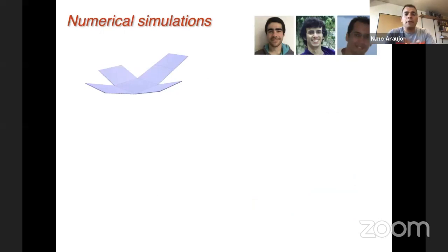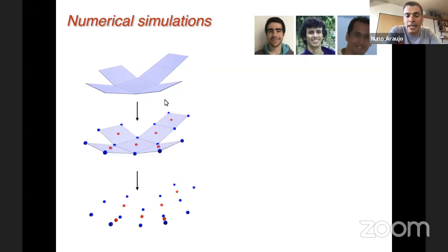We also perform direct numerical simulations to follow the folding dynamics. For that, what we do is map our template into a set of nodes. So we represent each face of the template as a set of nodes. The blue nodes are on the vertices, and the red one is in the center of the face.